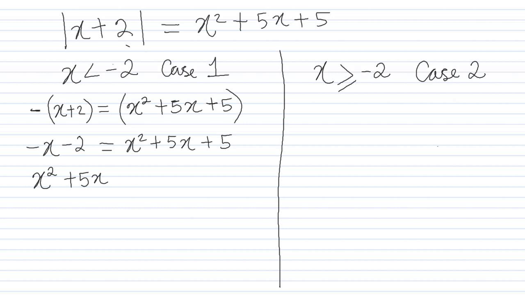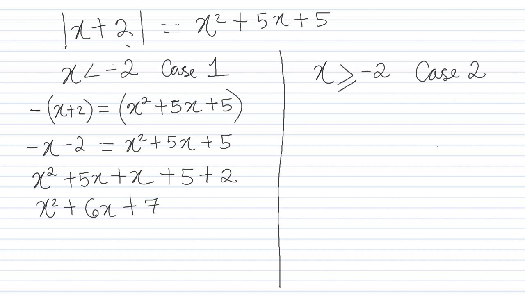When I take this over here, that will be plus x, and plus 5 plus 2. So what I end up with is x squared plus, sorry, not 5x, plus 6x plus 7. So that is the answer that you have so far.